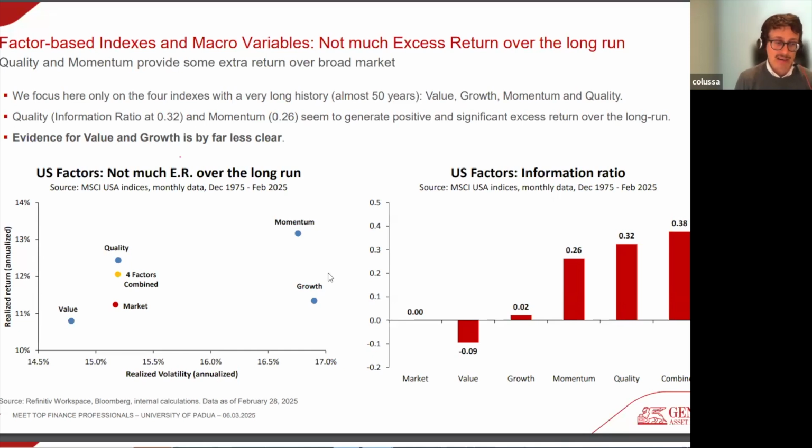Because if the data are the very same for everybody, the risk is to create overcrowded trades, everybody buying the same stuff and being underweight on the same stuff. And usually when you have turning points in the markets, this leads to massive negative adjustments in very short periods of time, and you don't want to be there.